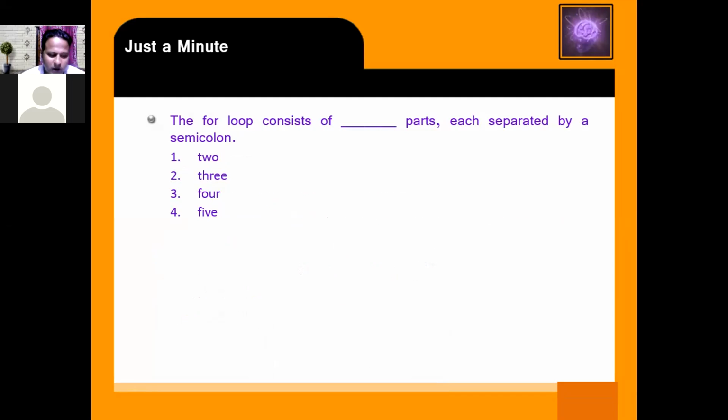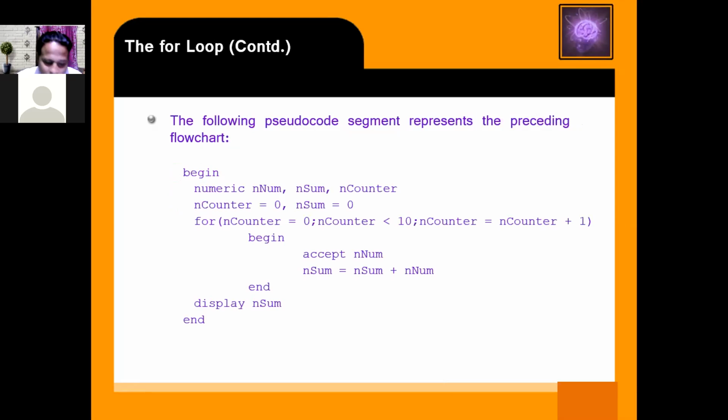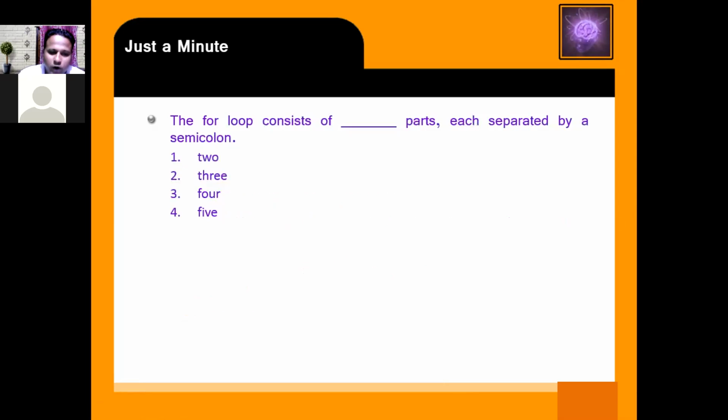See how many parts it will have? It is a first part, second part, third part. So the for loop consists of 3 parts.